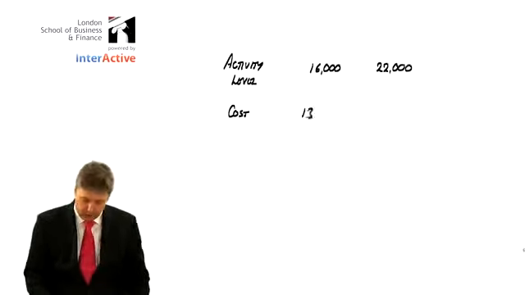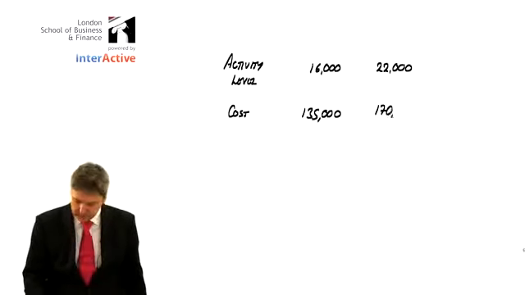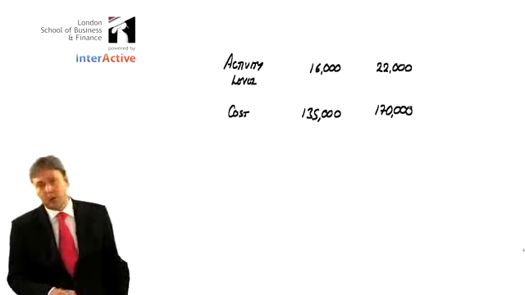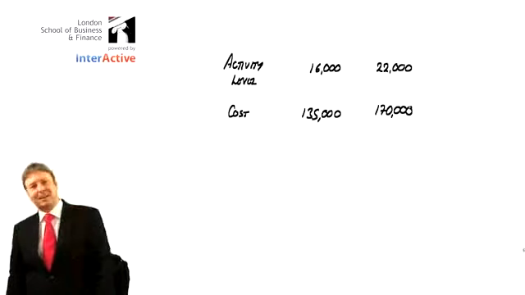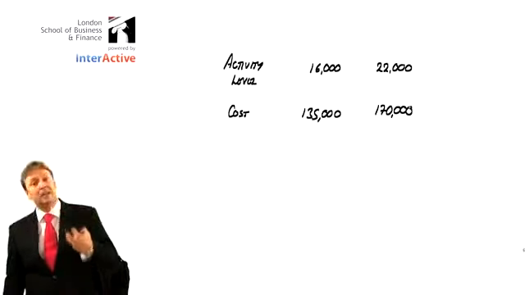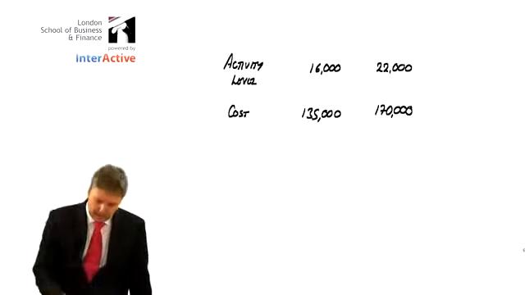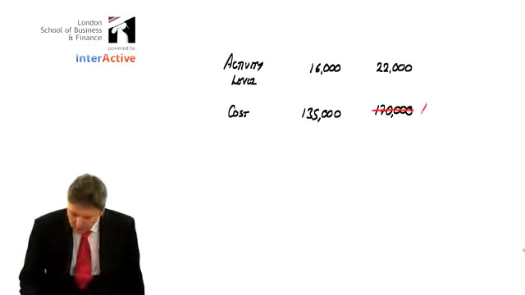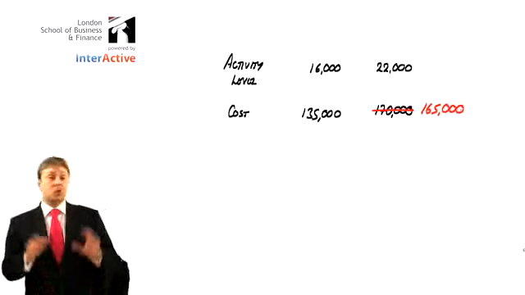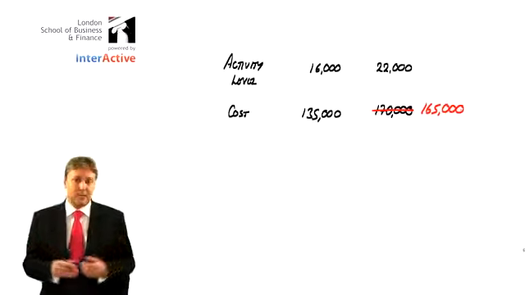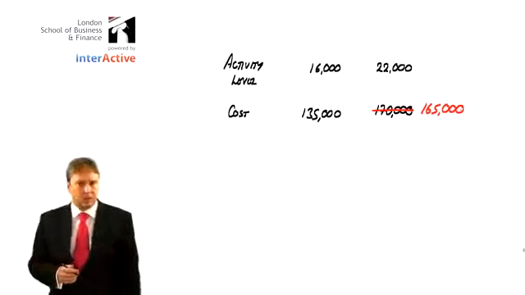The costs were 135,000 and 170,000. All I'm going to do to make life easier is say, when we look at the second level of activity, we have included in that cost £5,000 step costs. Let's just strip those out first of all, and we end up with something like that. Now, once we've got that far, it is incredibly easy for us to then separate the variable from the fixed cost.